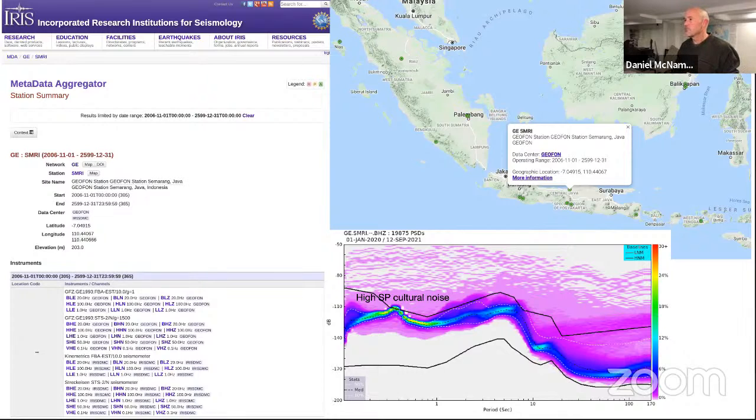I've never been to Indonesia, so I don't know, but I'm guessing it's a little more populated, so you're getting higher levels of cultural noise here. Also seeing a little bit more noise on the long period compared to the previous example. What was that station? BBJI, that's the very good station. So this one is SMRI.